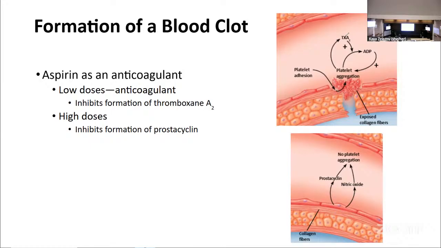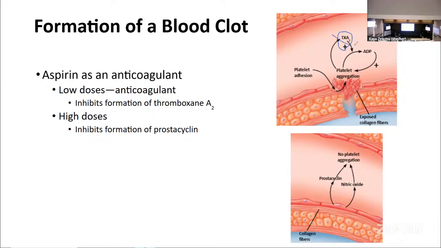What it does at these low doses is it inhibits the formation of this thromboxane A2. Thromboxane A2 was one of the secretions from our platelets, right? That has many roles, including doing positive feedback, creating a larger and larger platelet plug in this platelet aggregation process.